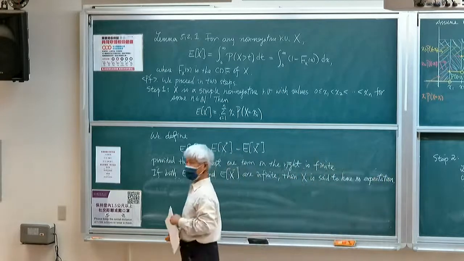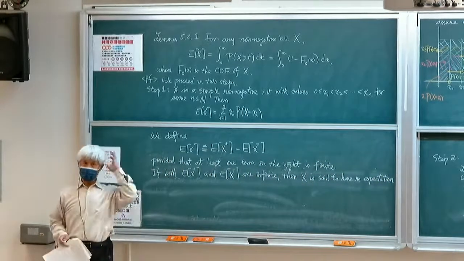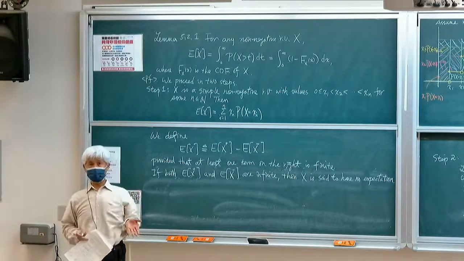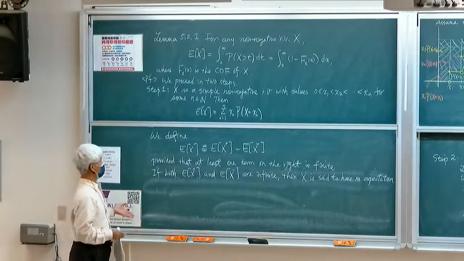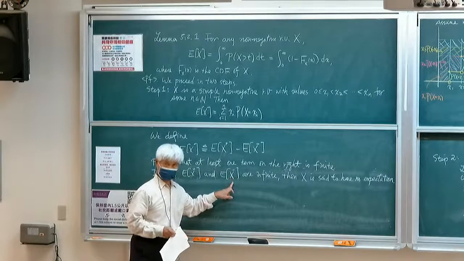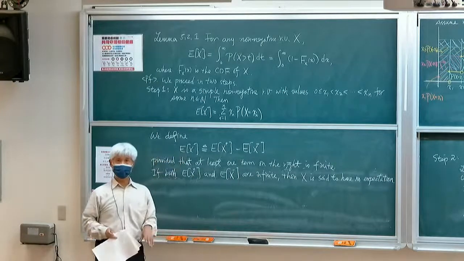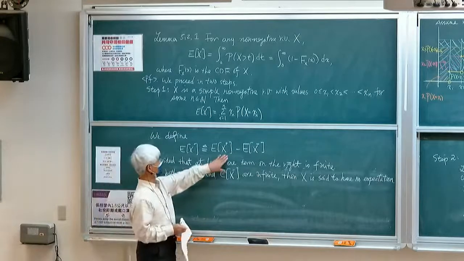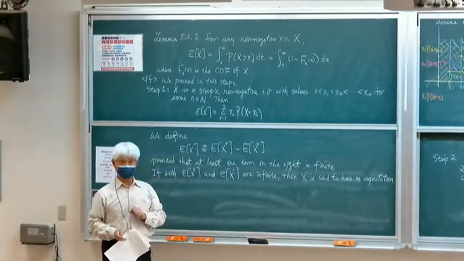It may happen that some random variable has no expectation, because its positive part and negative part both have infinite expectation, and infinity minus infinity is undefined.